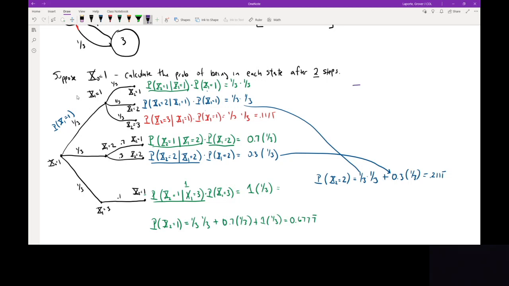So I'm going to let P2 be the probability vector for each state at step 2, so I'll put a little arrow over it.